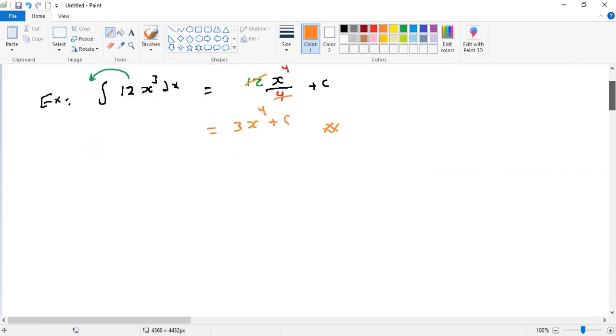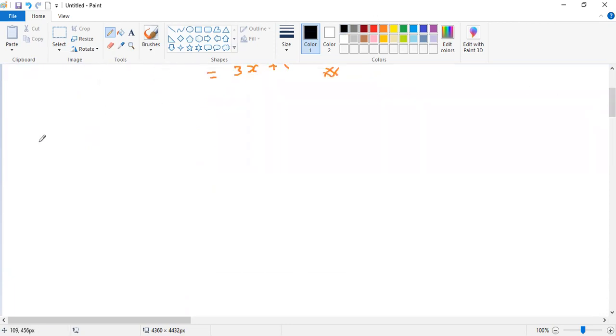Now, if we have a sum, for example, if I have the integral of 5x to the power 4 plus 6x squared dx, how do we find the integral? The solution is: for k x to the power n, the answer is k x to the power n plus 1 over n plus 1.